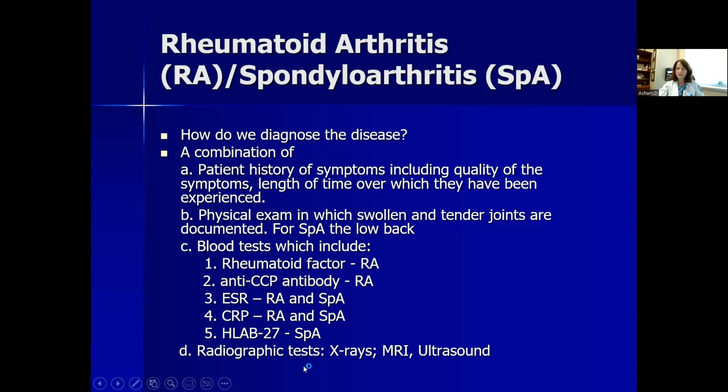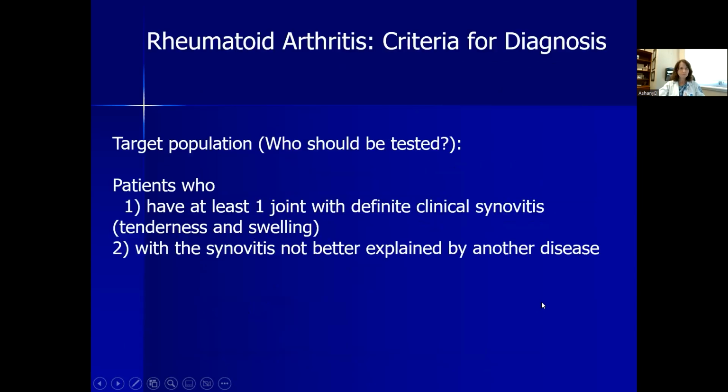In terms of radiographic studies, we employ X-rays, MRI, and ultrasound most commonly. So in terms of who we decide should be evaluated, I'll focus first on rheumatoid arthritis. It's patients who have at least one joint, usually with swelling, and we call this synovitis.